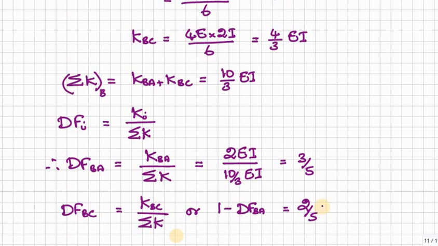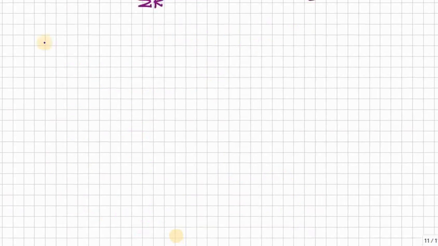So in this problem we have only one interior joint. Therefore, the distribution factor step is over. So the next step is to start the distribution table.